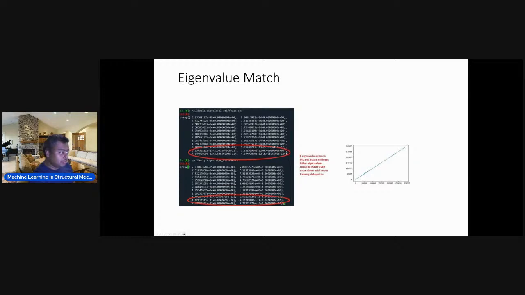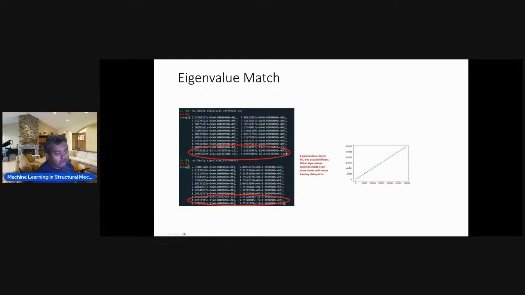For the non-zero components of these eigenvalues, you can see there is a very close match between them. For this particular case of a brick element, you have 24 degrees of freedom. So if six of those go to zero, then for the other 18, you can see that the match between the eigenvalues is very close.